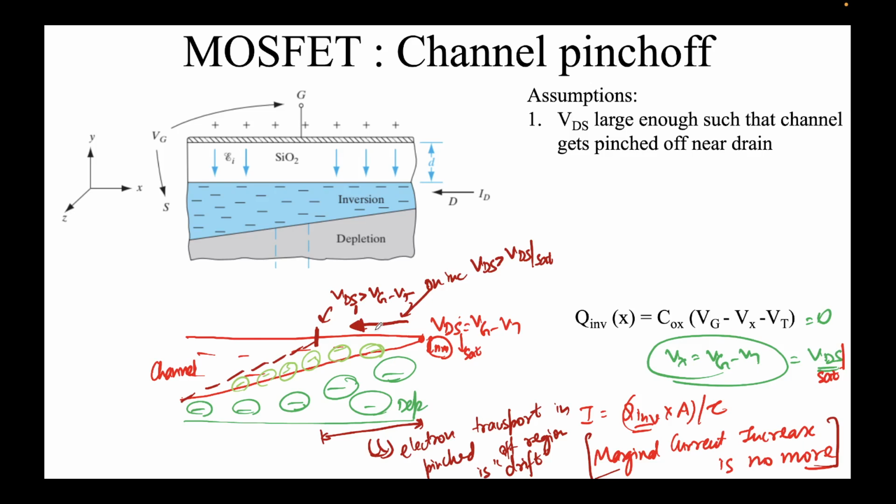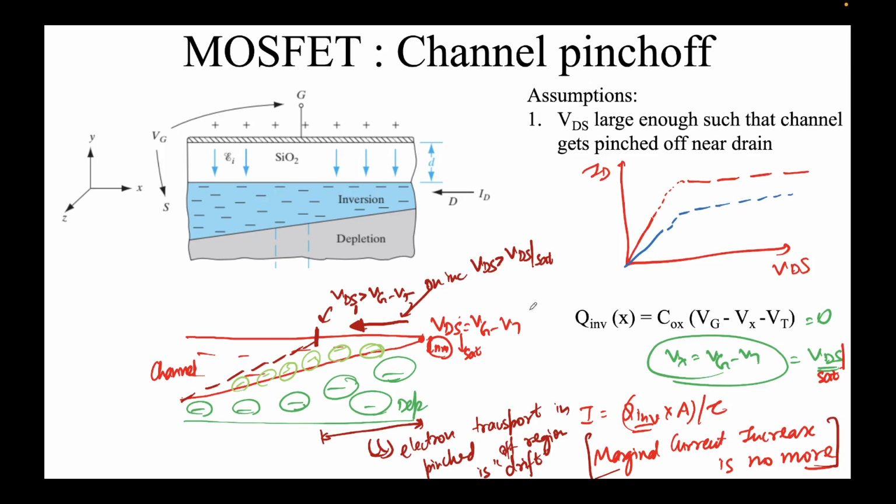So that's why even if you increase the VDS, you will not see any increase in the current per se, because you are not able to change how many electrons are being injected from this side or how fast they are traveling. You're not able to dictate either the Q inversion or the tau. Area we anyways cannot control by VDS, so both of these terms are out of our control, and hence the current does not increase, it saturates, right? And that's why you see these two curves.